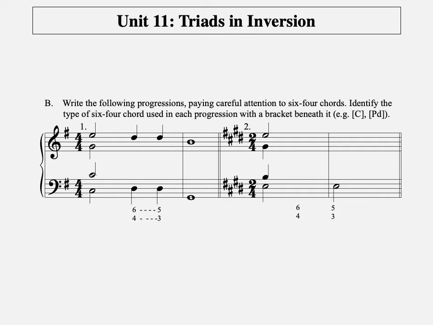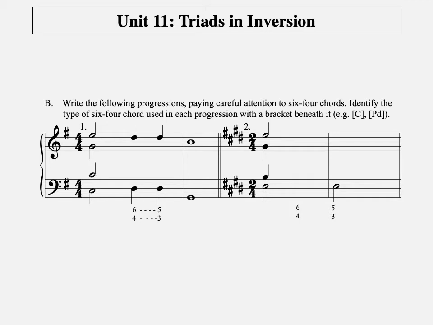So the fact that the 6 is connected to a 5 means the sixth above the bass needs to go to a fifth above the bass, and the fourth above the bass needs to go to a third above the bass. You'll see this figure a lot, especially for cadential 6/4 chords, which is what this is, by the way.